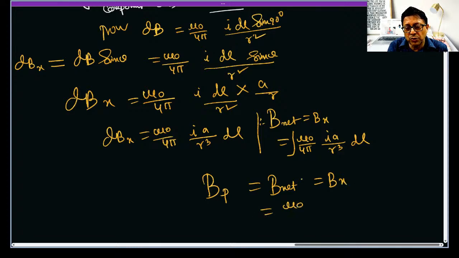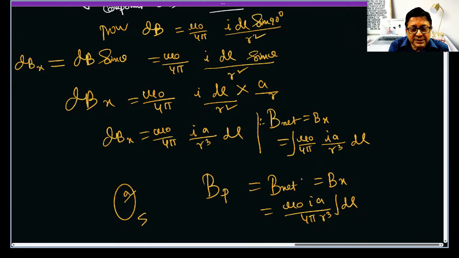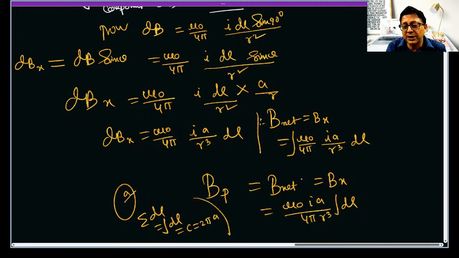This is mu0 IA by R cube integration dl for the whole wire. For the whole wire whose radius is A, sigma dl or integration of dl going to be what? That is circumference. Circumference is 2 pi A. Put it there.